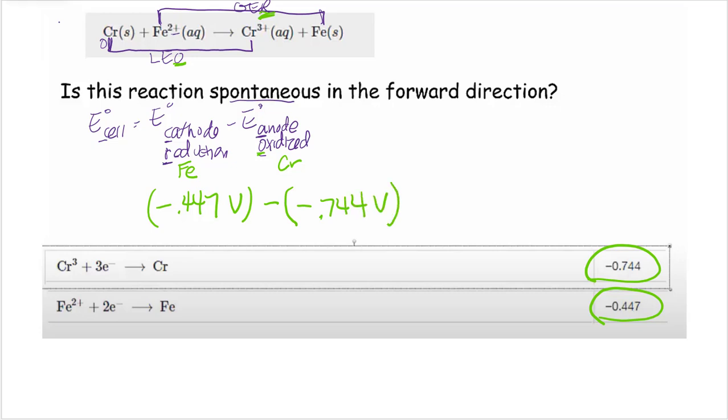Remember, write it as is. Do not flip the signs. It's not stoichiometric dependent. We're just going to plug this into our calculator to get our Ecell. And when I do this, negative 0.447 minus a negative 0.744, I got positive 0.297 volts. So yes, if it's positive, it is spontaneous in the forward direction.